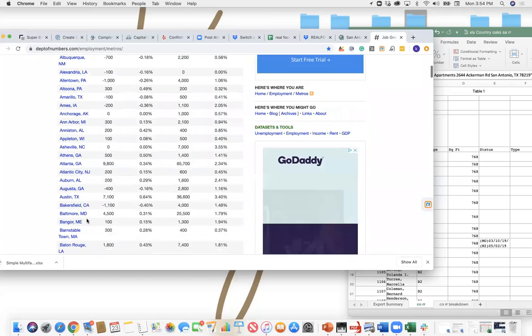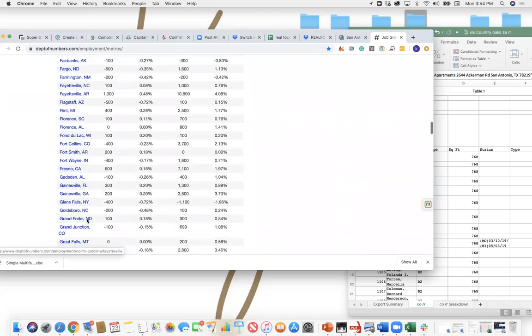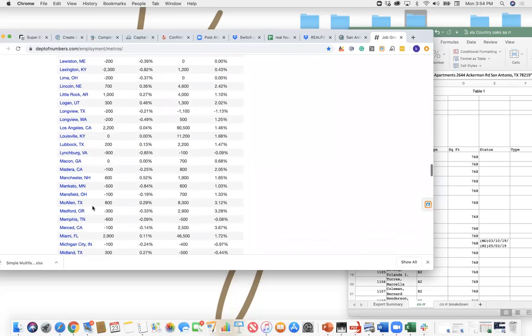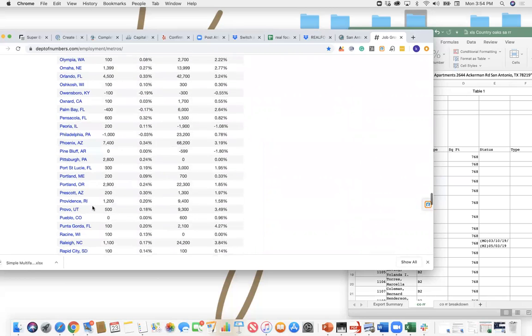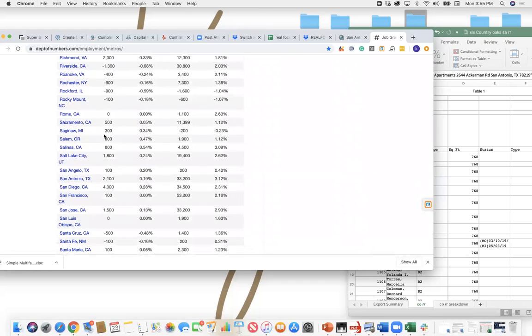So we're looking for San Antonio, Texas, all the way down to S. A lot of cities. Okay, San Antonio, Texas. So 3.12% change in that time period.